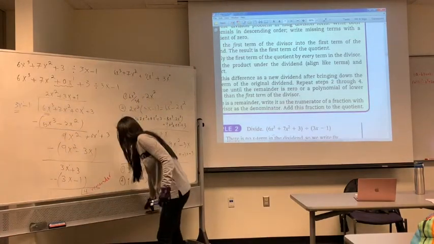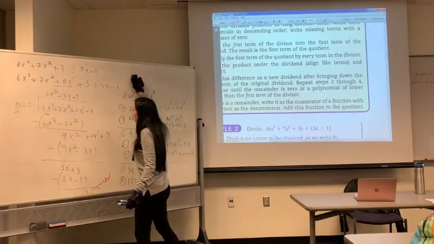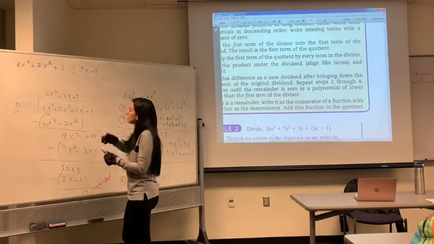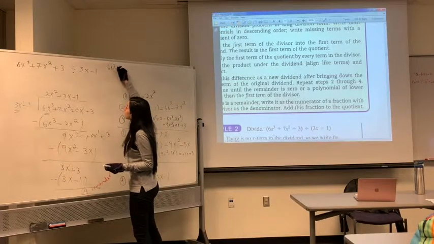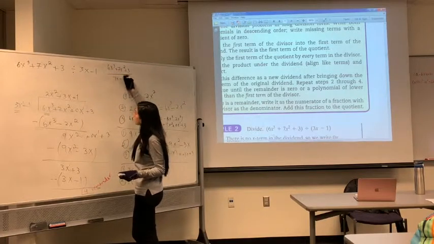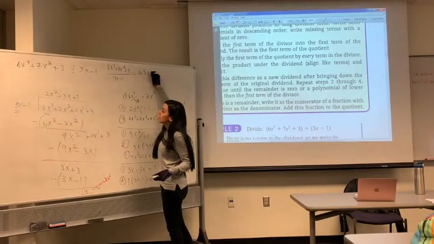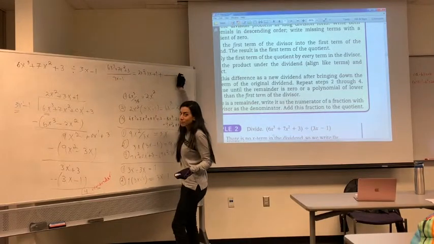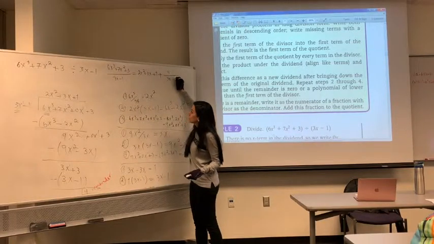So let me write it down here. 6x power 3 plus 7x power 2 plus 3 divided by 3x minus 1 is equal to 2x power 2 plus 3x plus 1 plus the remainder, 4 divided by the divisor 3x minus 1.